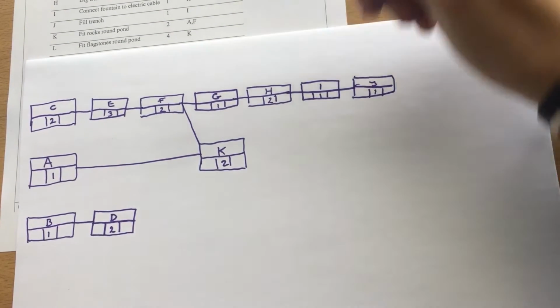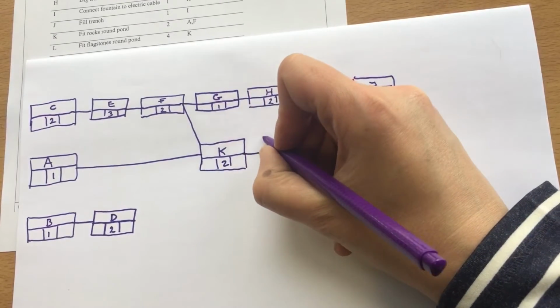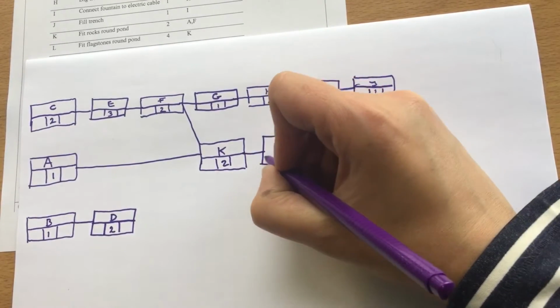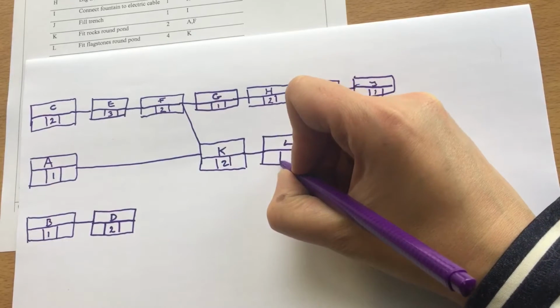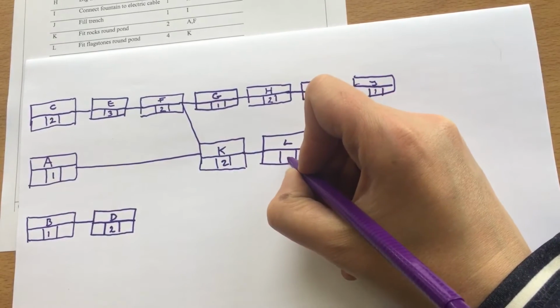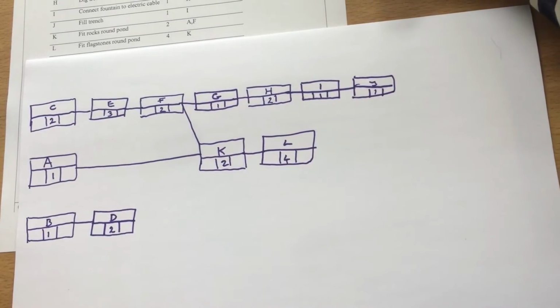L comes out of K and doesn't have anything else with it. That is going to take 4 to do.